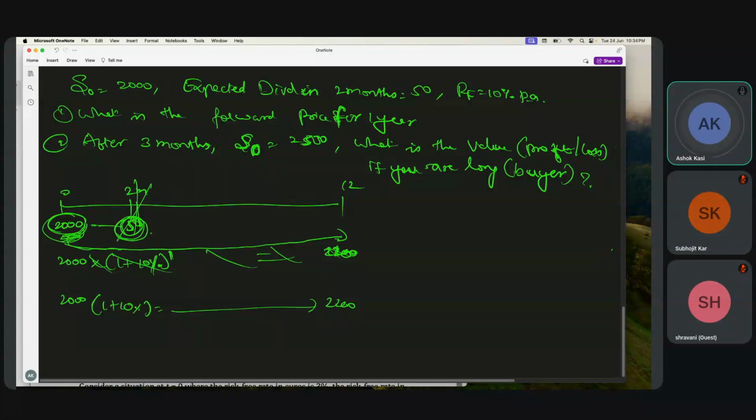While dragging this number 2000 here, I have kind of dragged this 50 also here. So take this 50, 1 plus 10% for 10 months, and calculate how much it comes to, compounded.